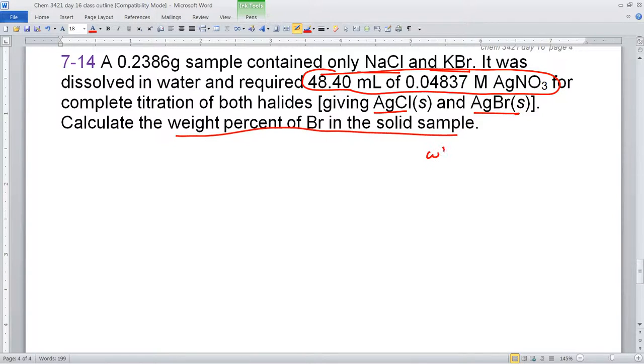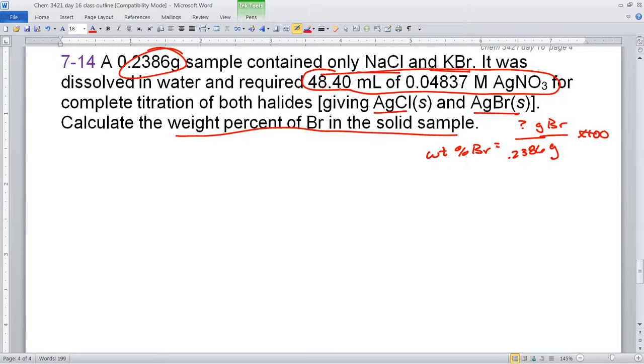So the weight percent bromine would be the grams of bromine all over the grams of the sample, which is 0.2386, times 100%. So we just got to find out the grams of the bromine.